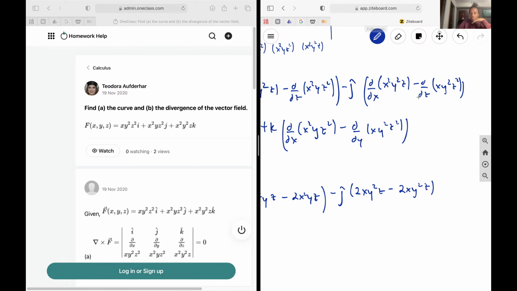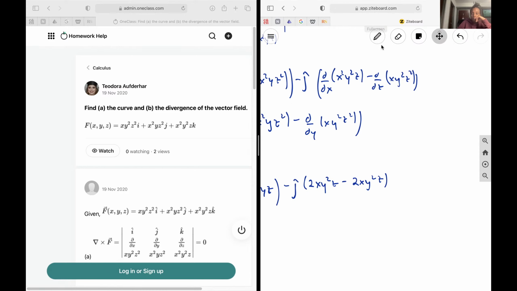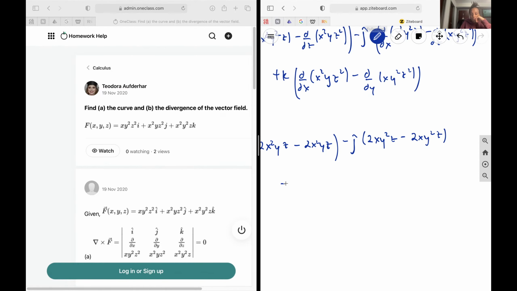So obviously this is going to be 0 again. Oh, and then lastly, in my k component, I will have the derivative of this with respect to x, which is going to give me 2x y z squared, minus the derivative of this with respect to y, which is going to give me 2x y z squared.